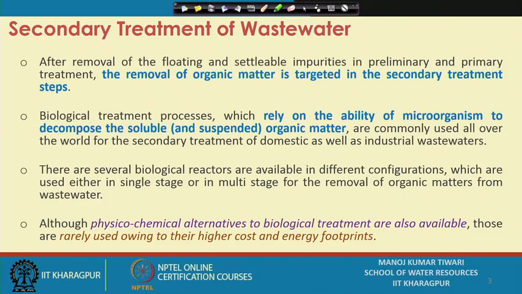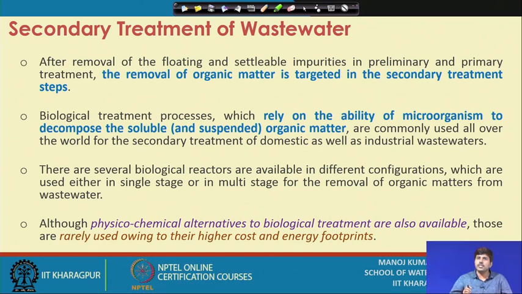So, the secondary treatment is basically focused on the removal of organic matter, which is typically in the soluble form, however it could be in the suspended form also at times. These biological treatment processes rely on the ability of microorganisms or bacteria to decompose the soluble and suspended organic matter. They are commonly used all over the world for secondary treatment of domestic as well as industrial wastewater.